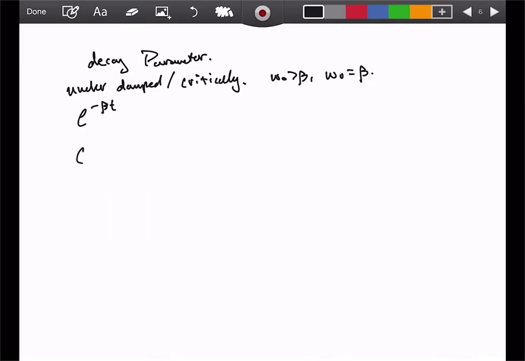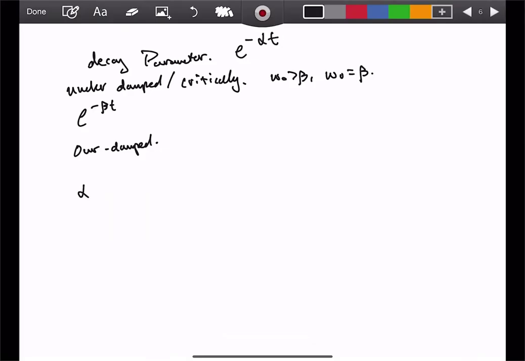Then when I have my overdamped case, my decay parameter, let's write this as e to the minus alpha t.